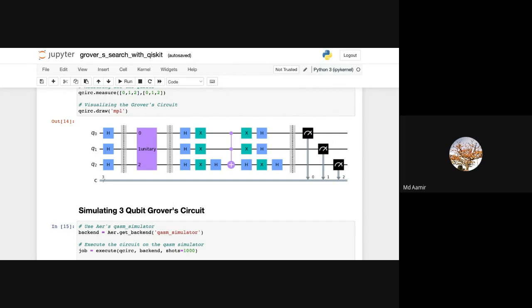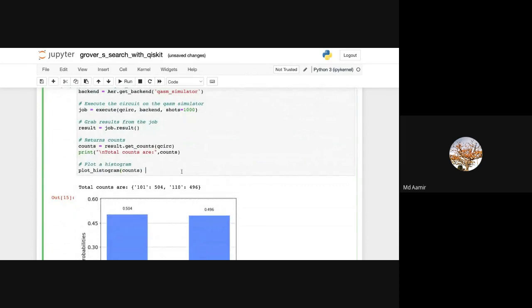This is because we now have the number of solutions as 2. Earlier in the slides we had only 1 solution. So if we compute the complexity, we have pi by 4 times square root of N by M. Here N is 8 and M is 2, so we get 4.